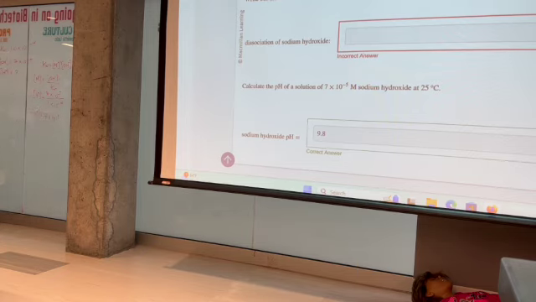I don't want to bore you with my mistakes in arithmetic. So it's 7 times 10 to the negative 5 divided by 1 times 10 to the negative 14. This comes here positive. 14 minus 5. 14 minus 5 is 9, isn't it? So why is this giving me a different answer?